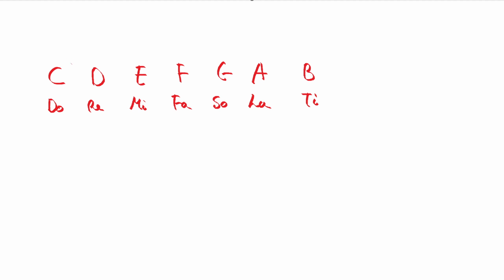Now if we sharpen do, we would call this C sharp, di. D sharp we might call ri. Now mi already sounds pretty sharp, but there is such a thing as E sharp, and we might say my. Fi or fis.